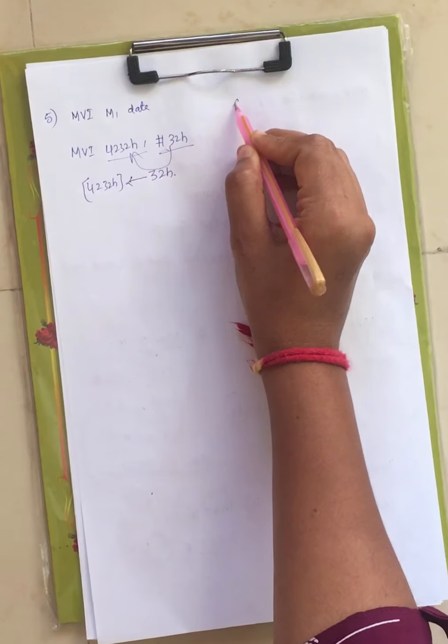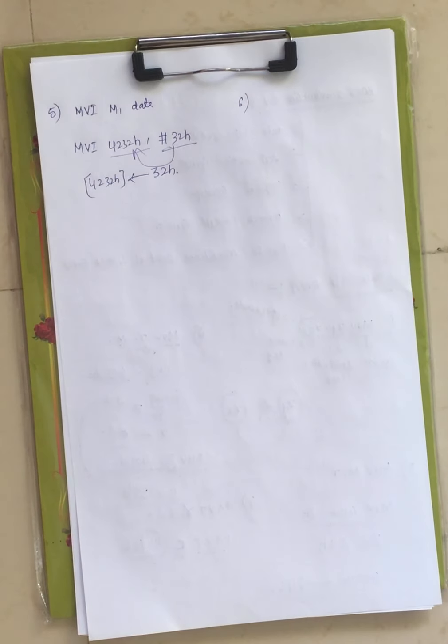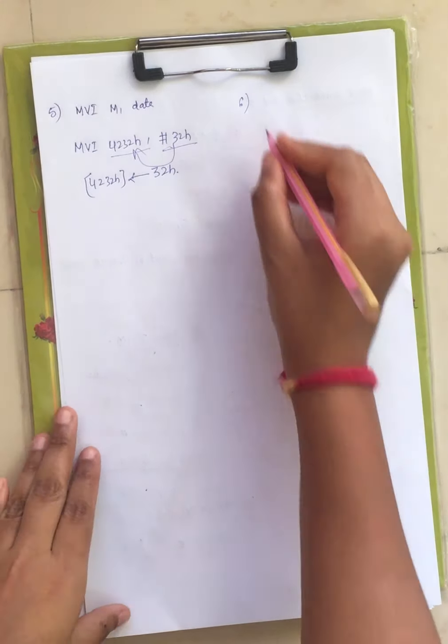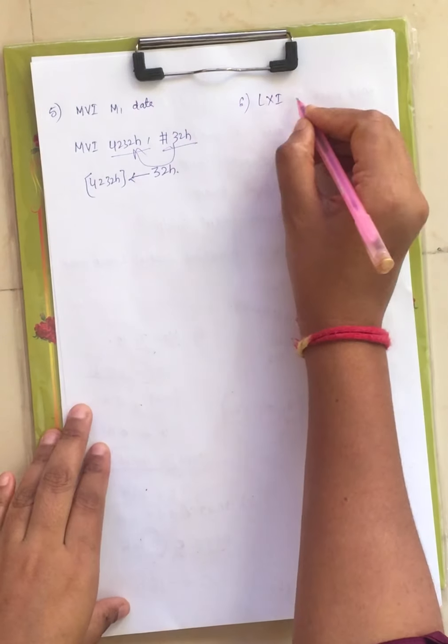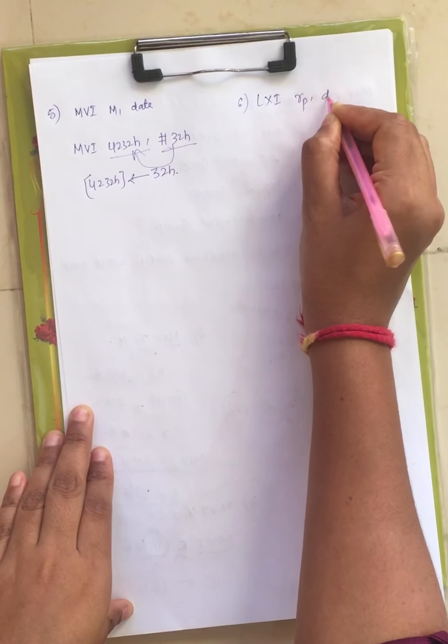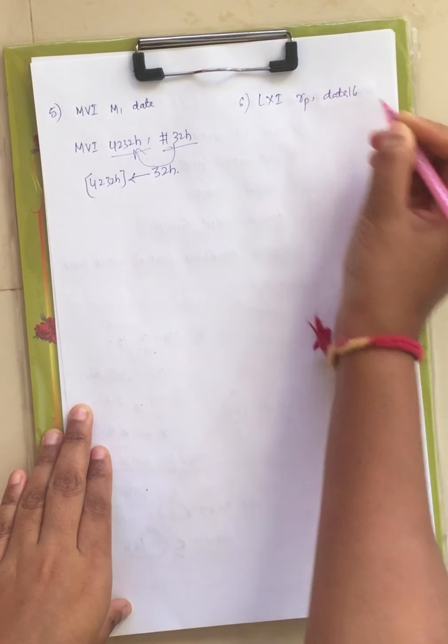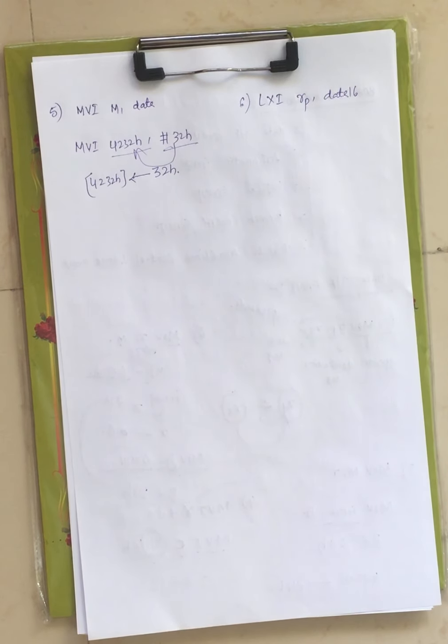Now coming to the sixth instruction, LXI RP, data 16. This instruction loads 16-bit data into a register pair. RP indicates register pair.